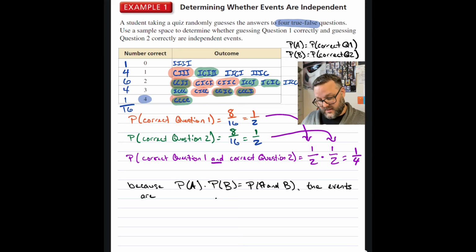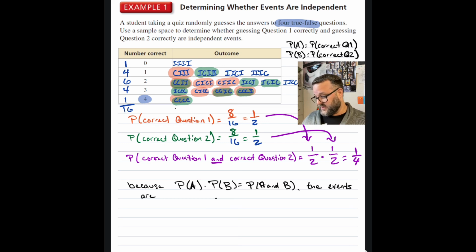So because it's 1/4 and because finding out A and B, we just count those up, 1, 2, 3, 4, 5, 6, 7, 8, 9, 10, 11, 12 out of 16, they don't end up being the same. Okay, sorry.